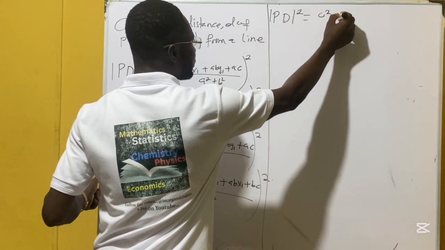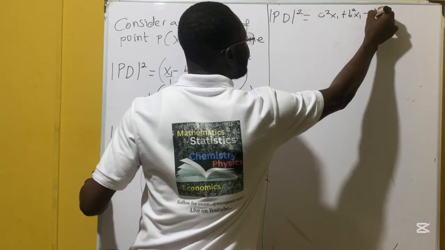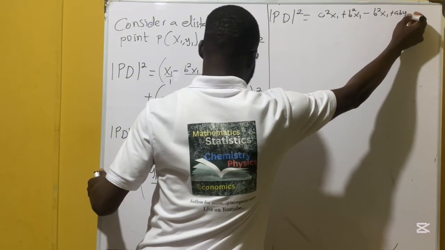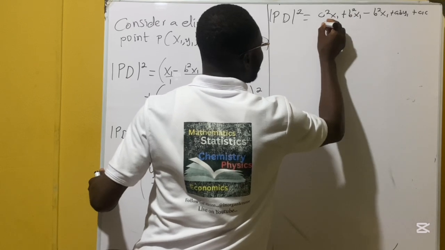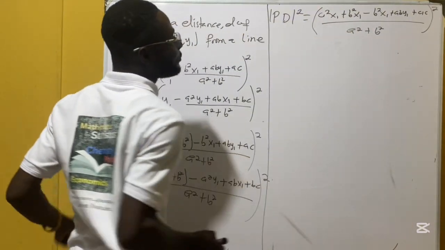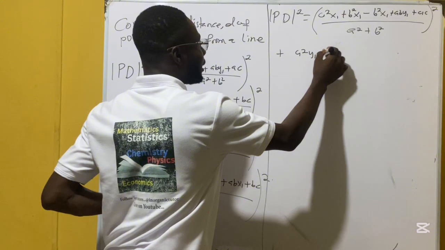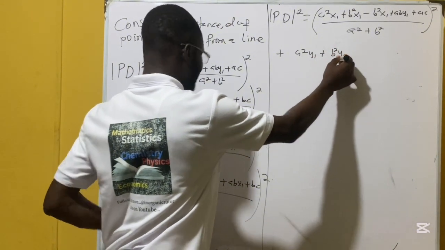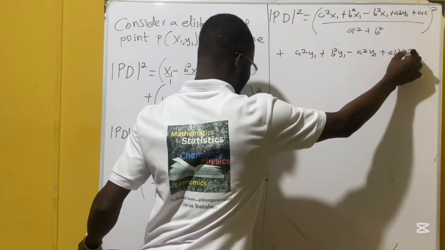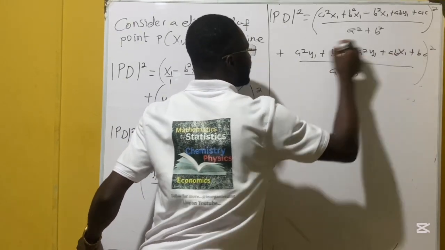So we're going to have a squared x1 plus b squared x1 minus b squared x1 plus AB y1 plus AC, all over A squared plus B squared, all squared here, then plus A squared y1 plus B squared y1 minus A squared y1 plus AB x1 plus BC, all over A squared plus B squared, all squared, right?